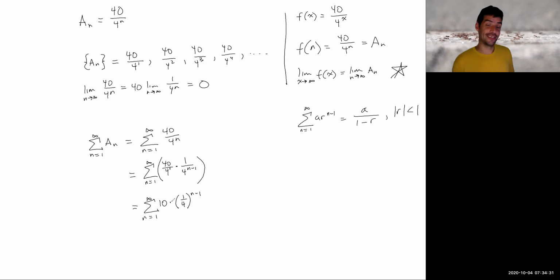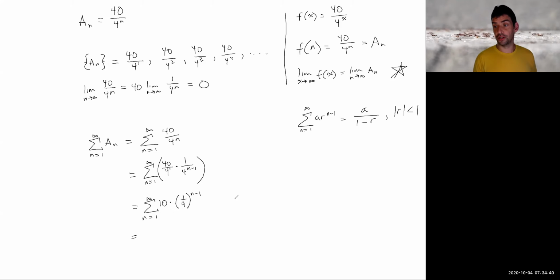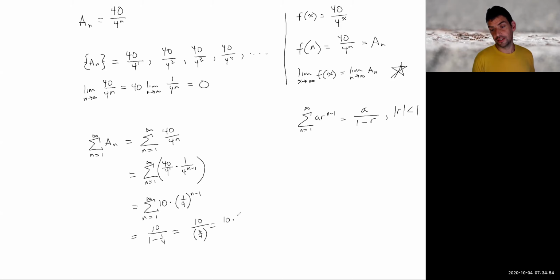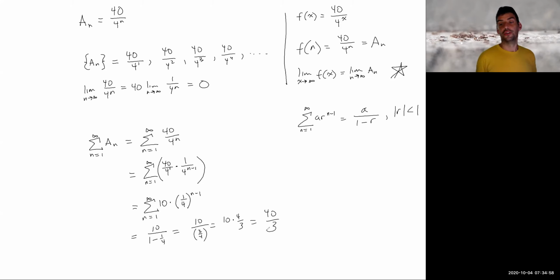So now we recognize this is a geometric series. Its ratio is less than 1 in absolute value, and so we can apply our formula. So just looking at this, a is 10, and we have 1 minus 1/4, which gives me 10 over 3/4, which gives me 10 times 4/3, which gives me 40/3.